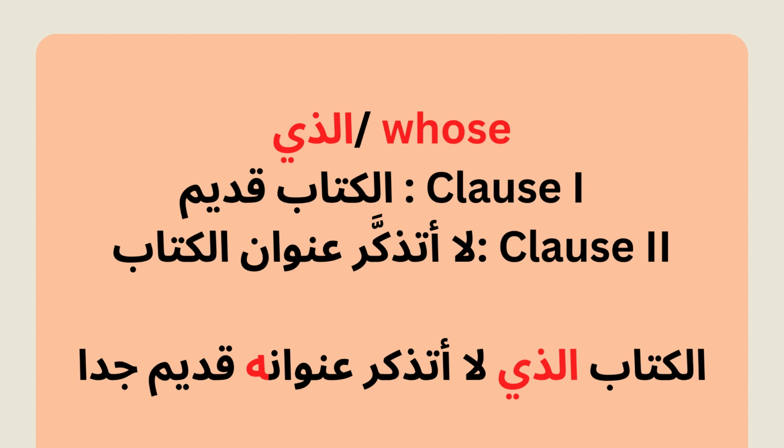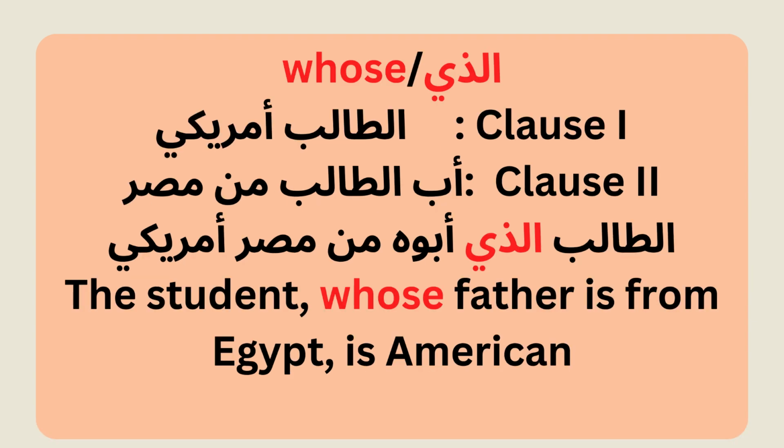In the following example, you will see that whose is also used to replace human nouns. First clause, الطالب أمريكي. Second clause, أبو الطالب من مصر. Notice that the second clause begins with إضافة, أبو الطالب.